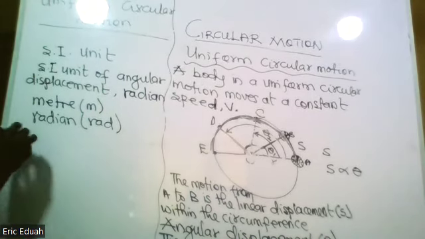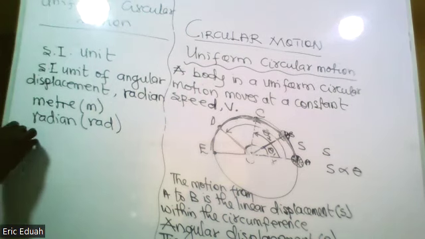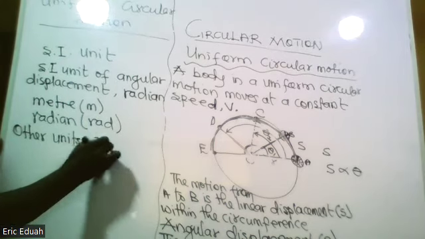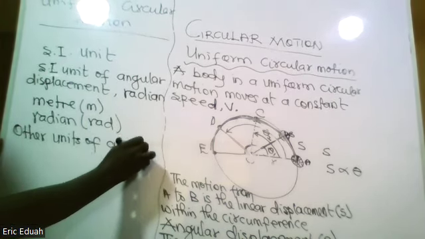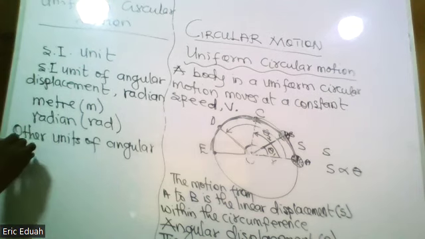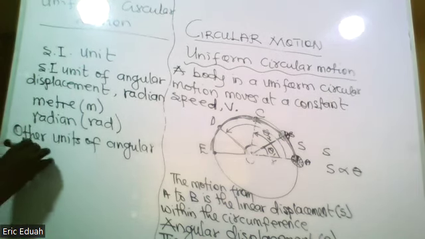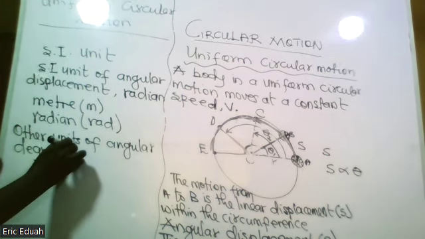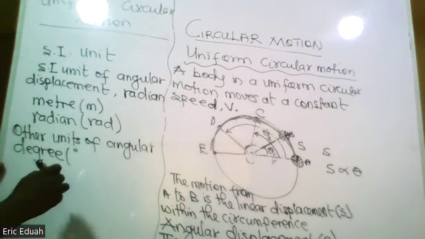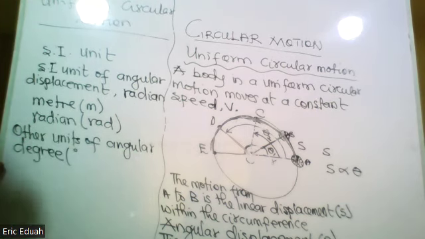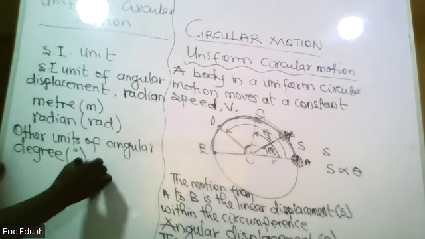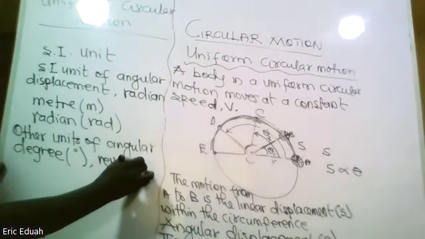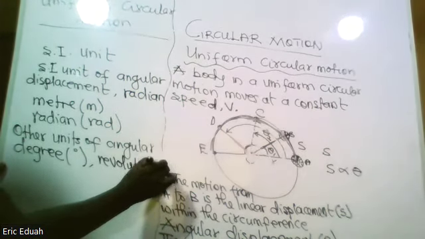So other units of angular measurement, apart from the SI unit, we also have degree, which you are so familiar with, shortened as a small zero at the upper corner. And we also have the revolution, which is shortened as rev.